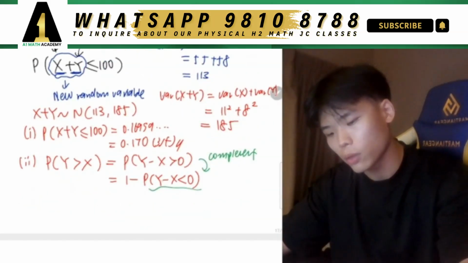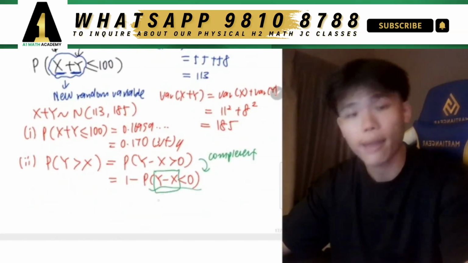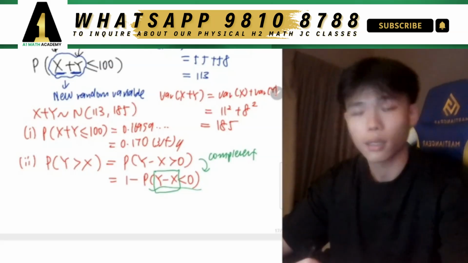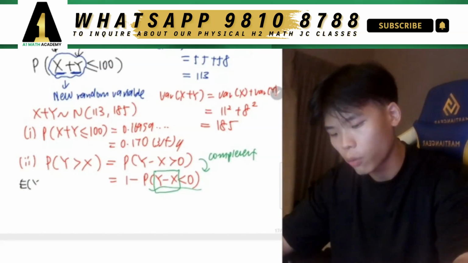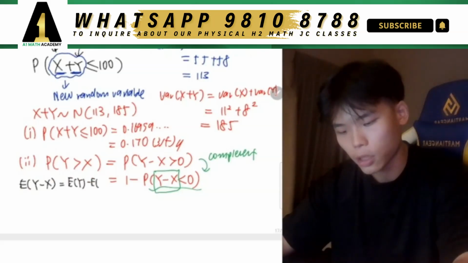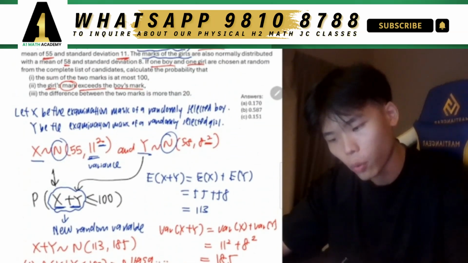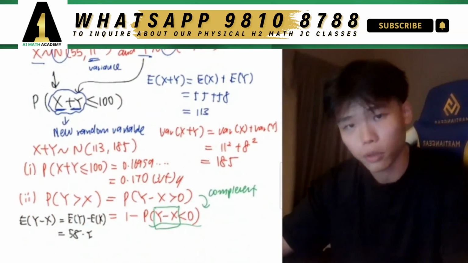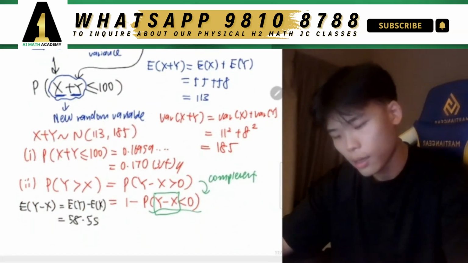But now you take a look at this. This over here is a brand new variable. Since this is a brand new variable again, we need to calculate the parameters. So the expectation of Y minus X now is just the expectation of Y minus the expectation of X, right? And in this case, that would be 58 minus 55, which is 3.